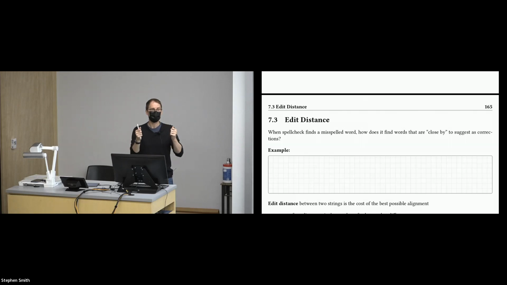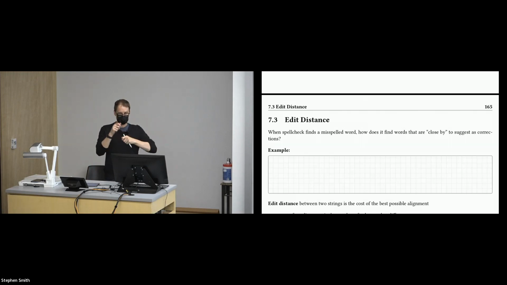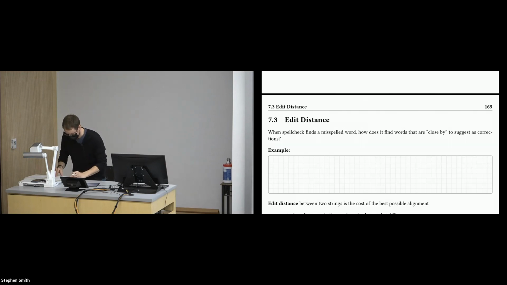One measure of how far apart two words are is called edit distance. And the idea is, how many edits do I have to make to word number 1 until it is word number 2? And the edits that I can make are substitutions or adding in spaces. I'll show you exactly how we do edits.